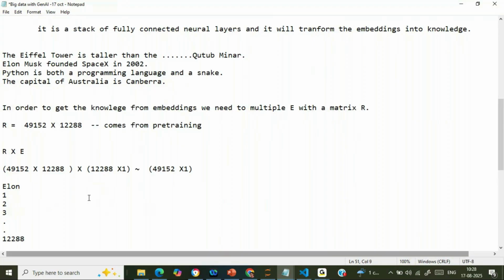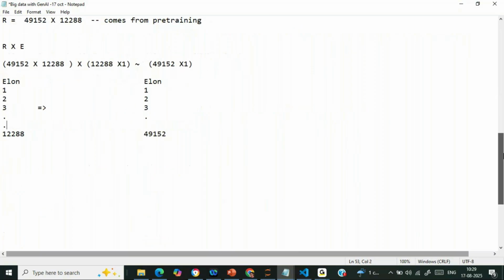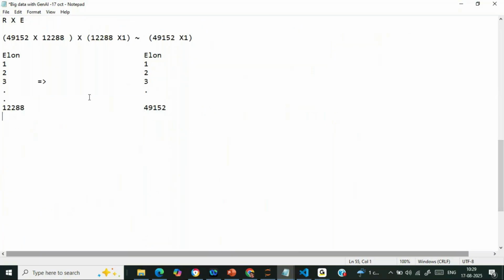Now, after converting it to the higher dimension, Ln will have 1, 2, 3, up to 49152, so I will have this many values. I have converted the features from lower dimension to higher dimension, right?